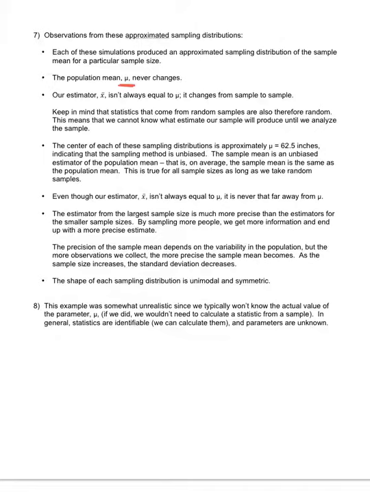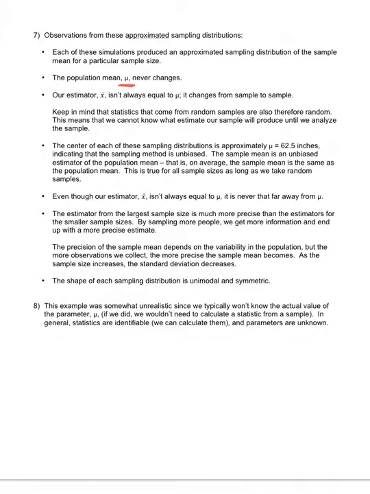But each time our estimator X bar isn't going to always be equal to mu. It's going to change from sample to sample. So keep in mind that statistics that come from random samples are also random. This means we cannot know what our sample will produce until we analyze the sample.